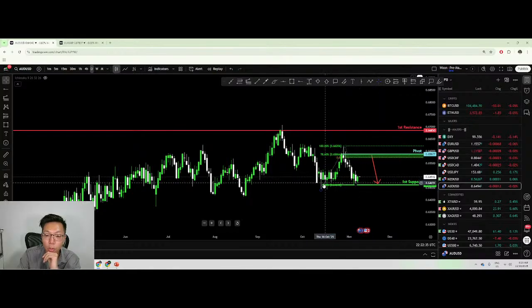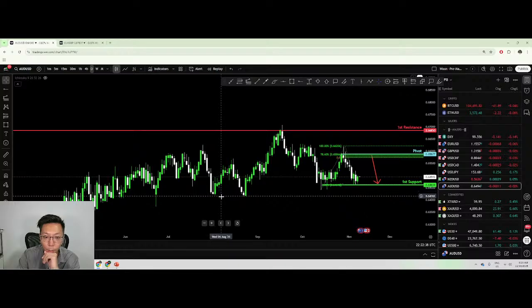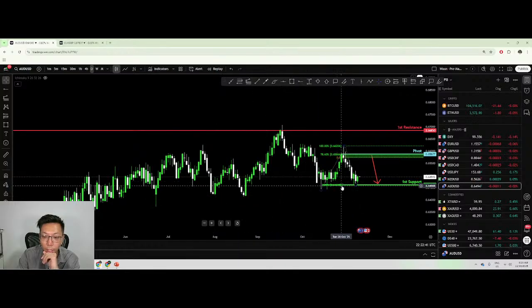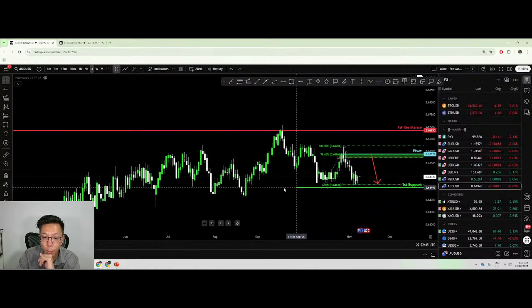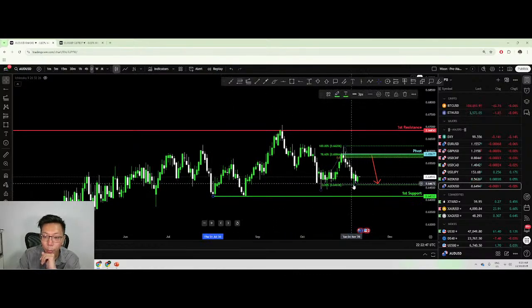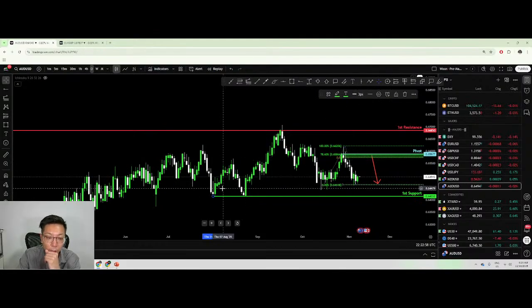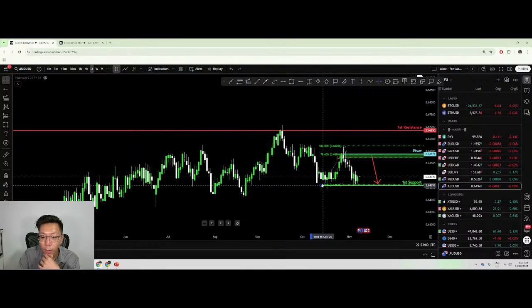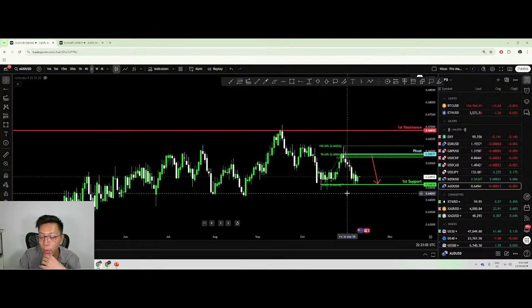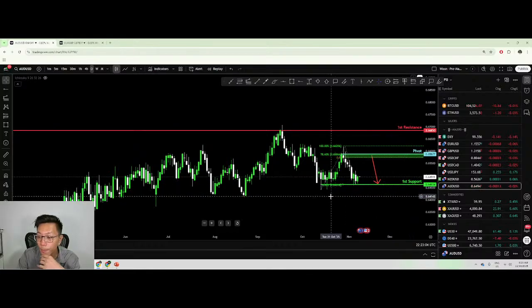Just in case price doesn't react, let's assume our first support is right over here and price reaches here at the end. Let's say our take profit is over here, but price hovers here and then reverses. We wouldn't want that to happen, so let's place our first support over here.